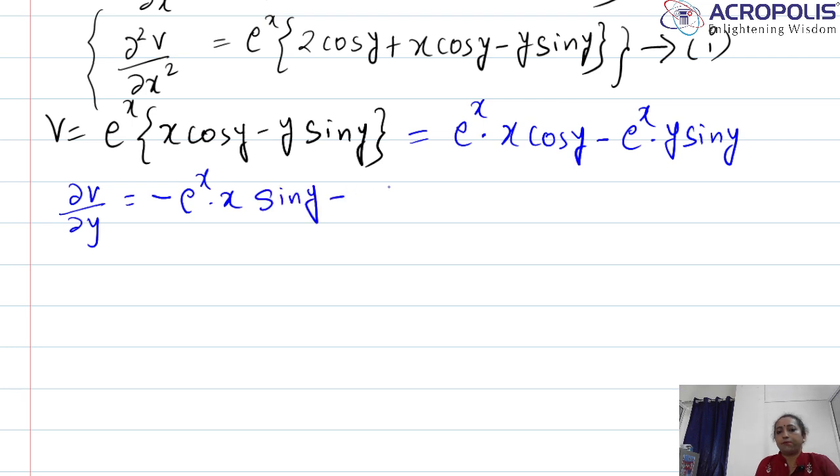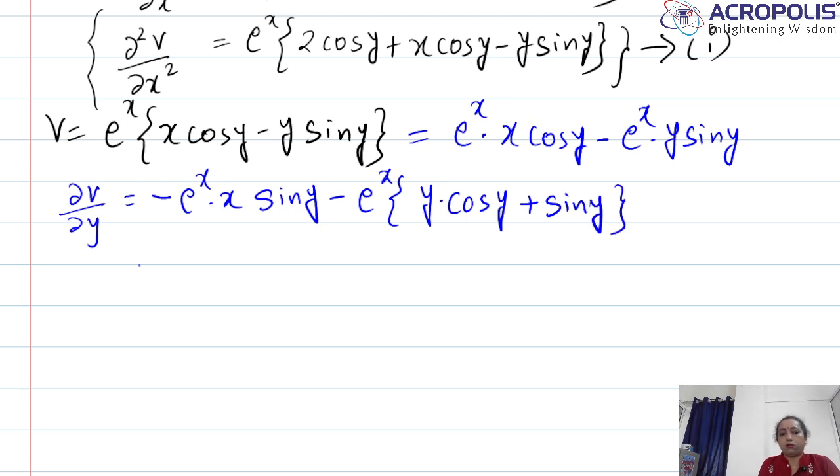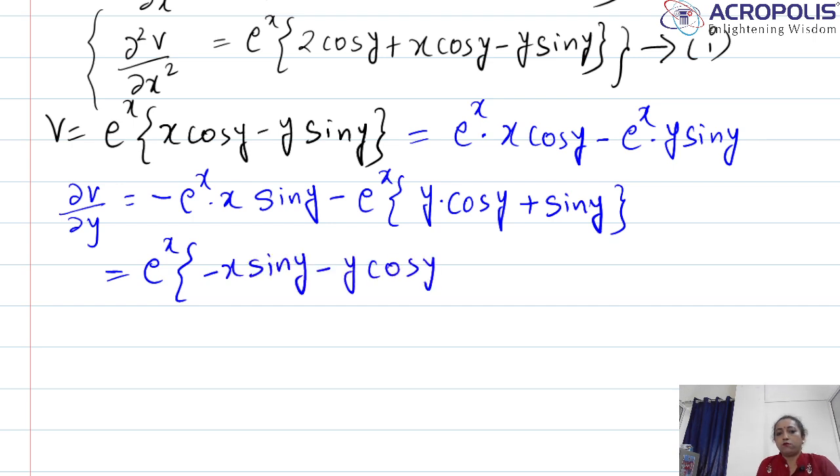Now minus e to the power x remains same, y dot, I am applying the formula of the derivative of product of two functions. First function, differential of sin is cos, plus sin y as it is, derivative of y will become 1 here. So I am getting e to the power x (minus x sin y minus y cos y plus sin y).